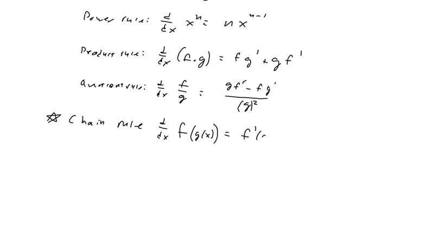Let me say that again. Chain rule says you do the derivative of the outside, f prime, leaving the inside alone, times the derivative of the inside. Let me give you some examples of what this looks like.